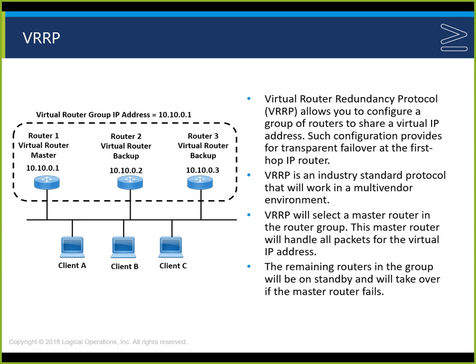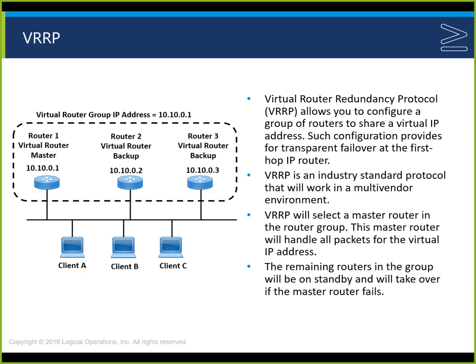A couple of differences between the two. I said that HSRP can only have the active and the standby. In VRRP, we have the master, and then everything else is going to be a backup. So we can have multiple backups in VRRP.